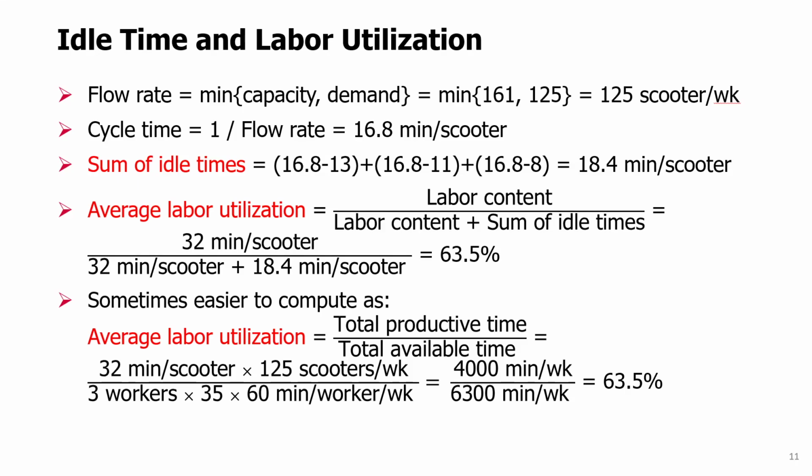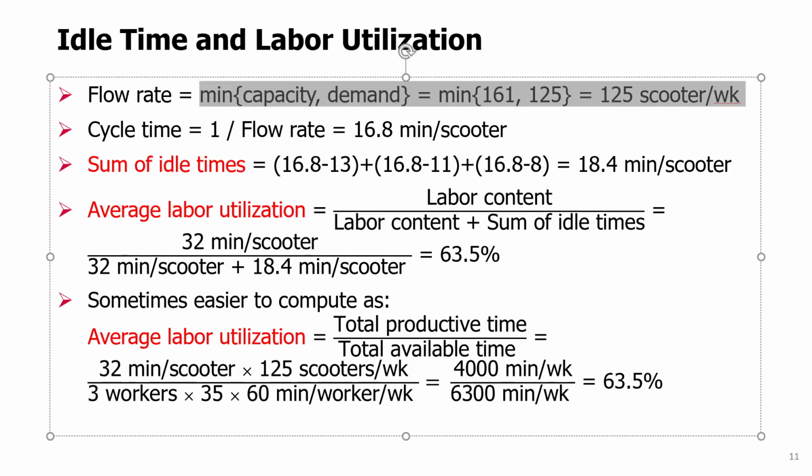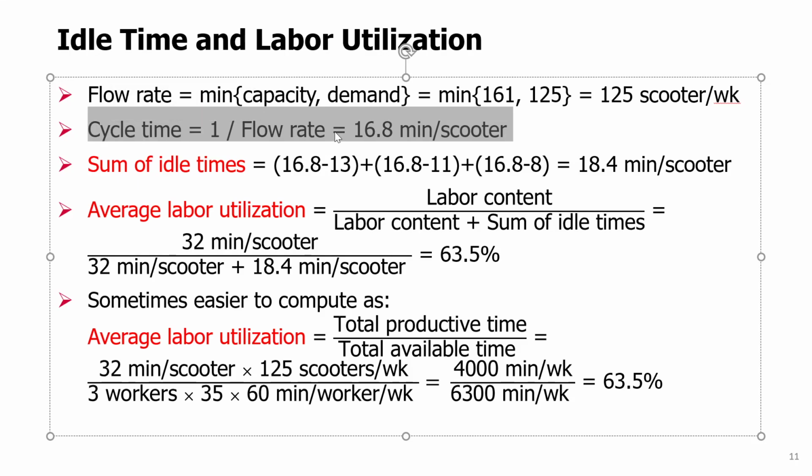So what is the idle time and what is the labor utilization? Just to recall, the flow rate is 125 scooters per week. The cycle time that this flow rate makes us work at is 16.8 minutes for every scooter.